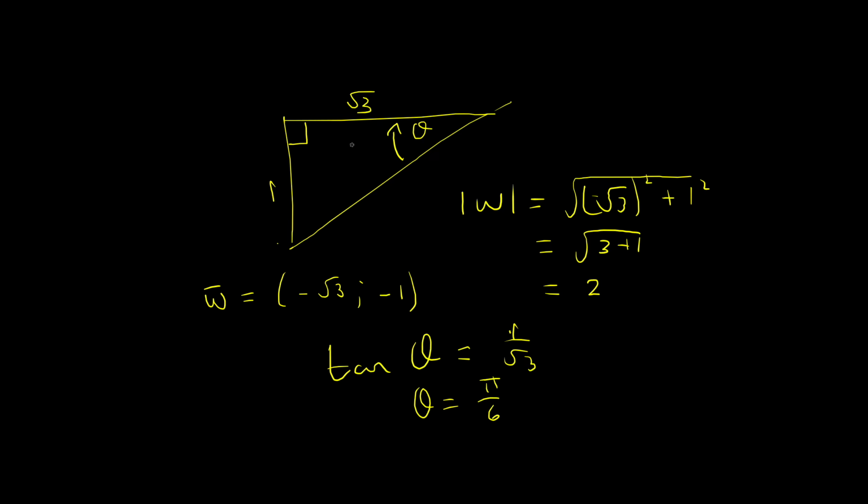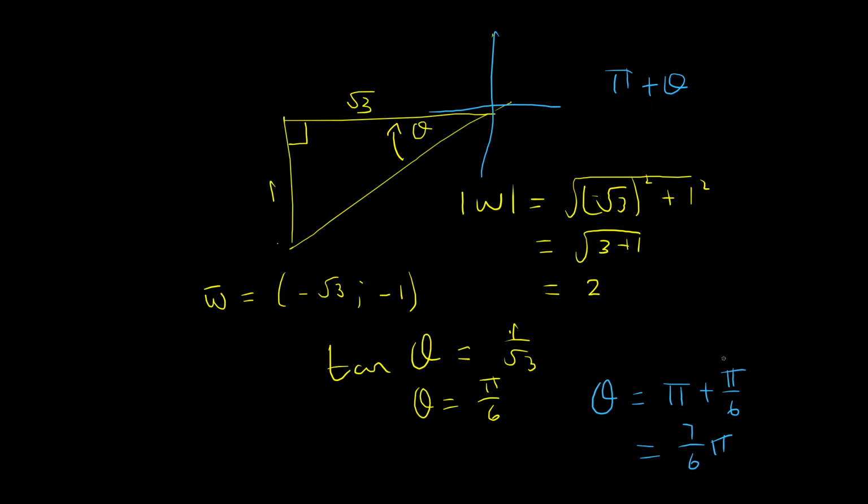This is for the first quadrant, but this is not in the first quadrant. If you look at your little plane, this is going to be pi plus the angle. So the angle is actually going to be pi plus pi over 6. So this is 7 over 6 pi, the angle. And that's how you calculate angles and magnitudes of a vector.